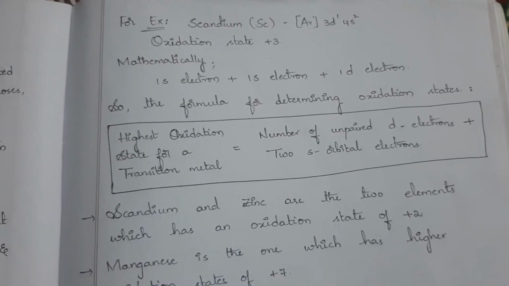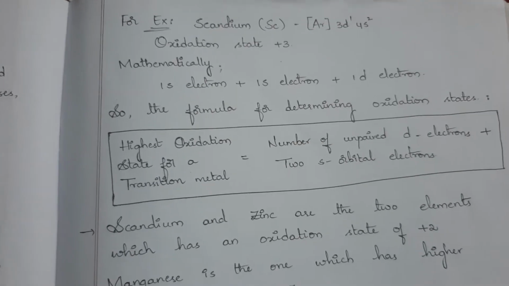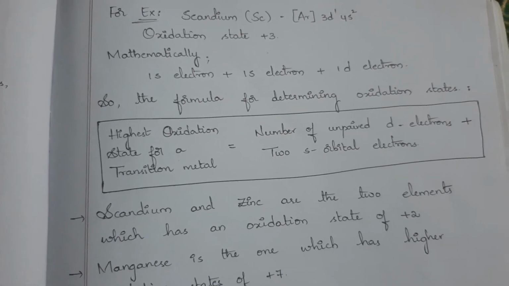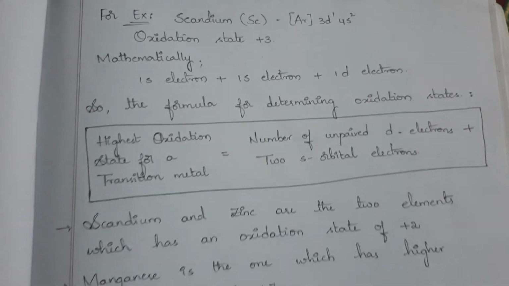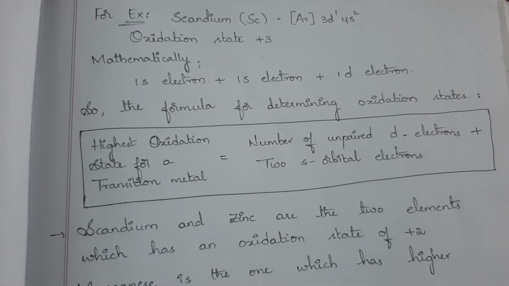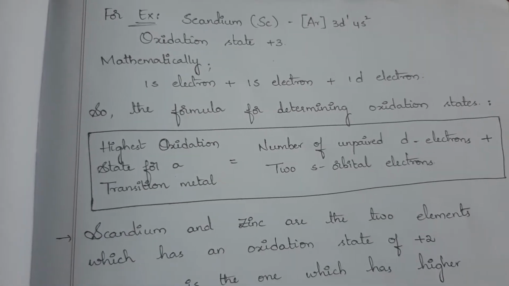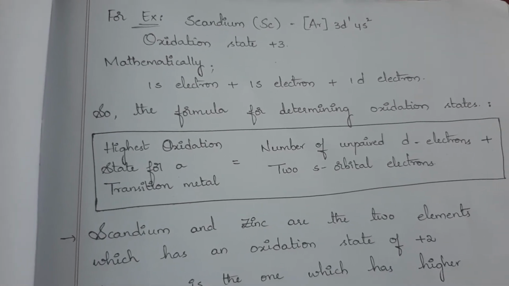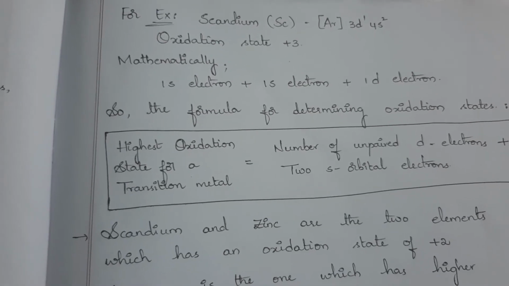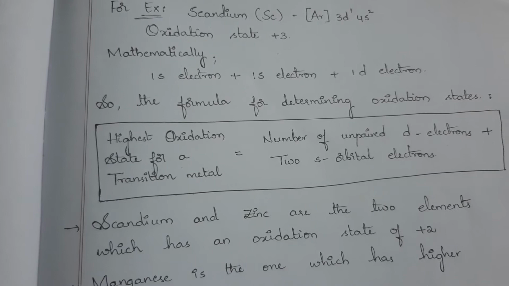For example, scandium. It is one of the d block elements in the 3d series and its electronic configuration is argon 3d1 4s2. It has one unpaired electron in the d orbital and it is added to 2 electrons of the s orbital, and therefore the oxidation state becomes plus 3.